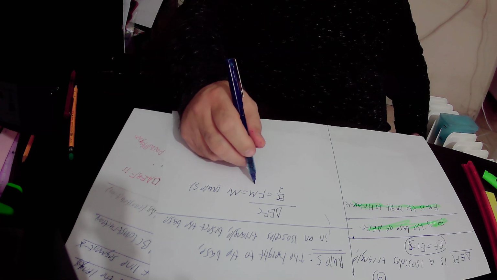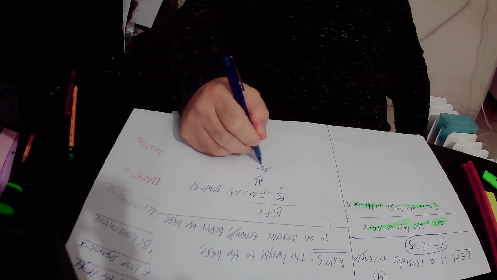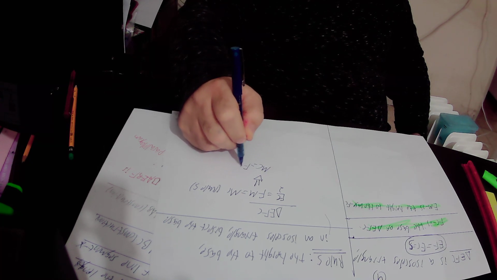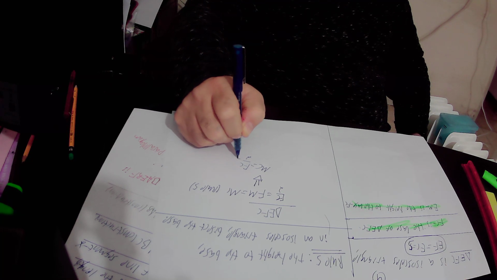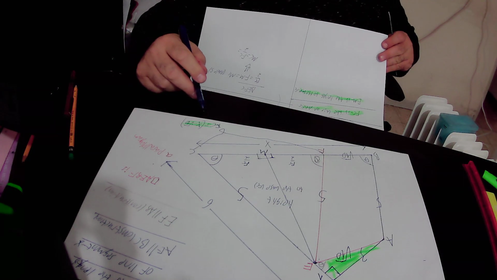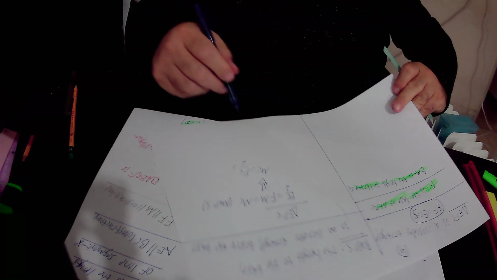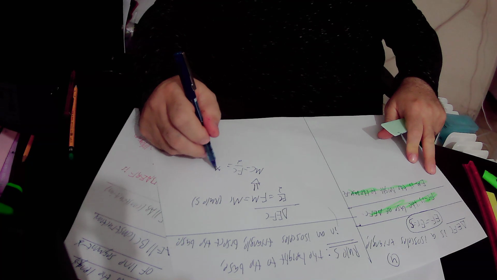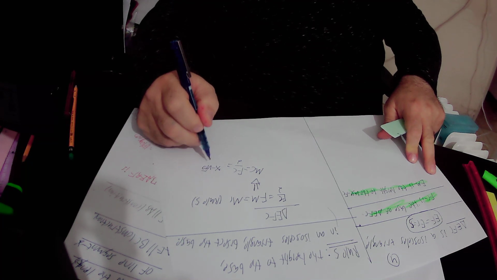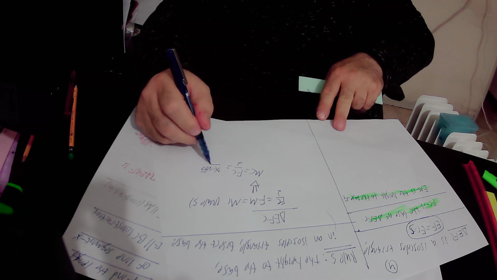So from this equation we derive that MC equals FC over 2. We have already found that FC equals x minus square root of 10. If we divide it by 2, we get MC.